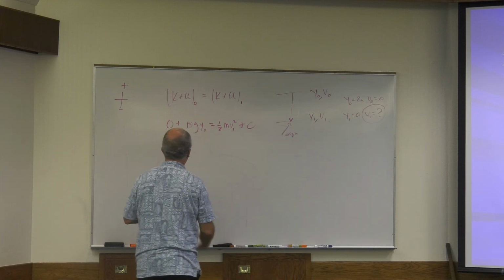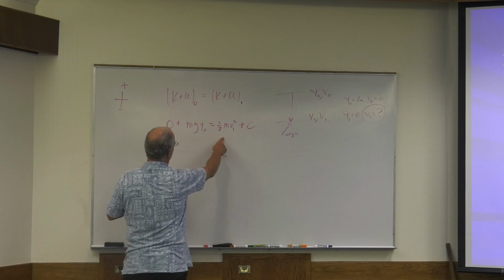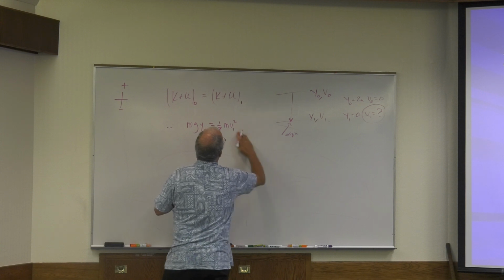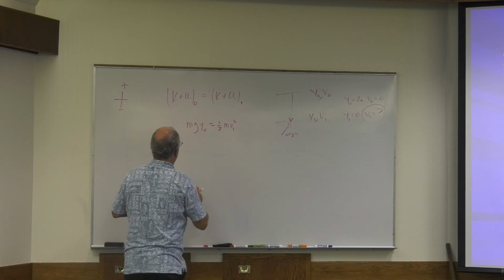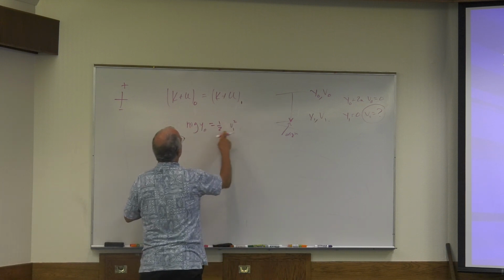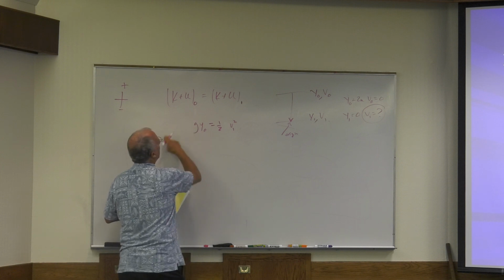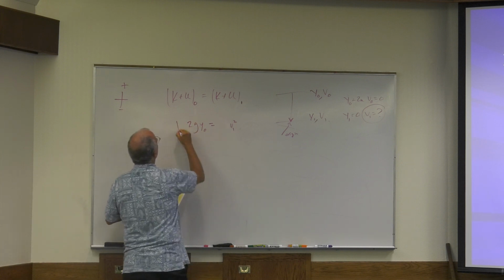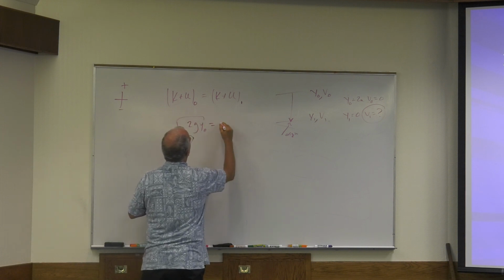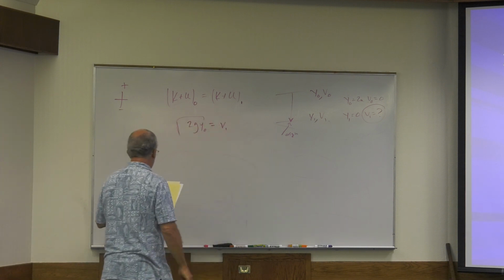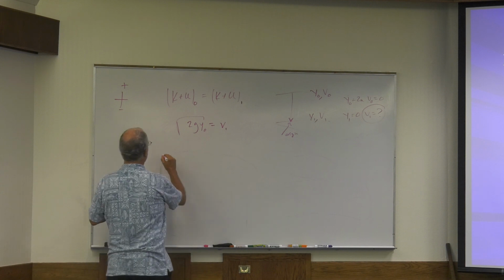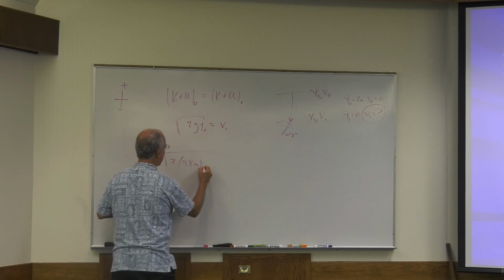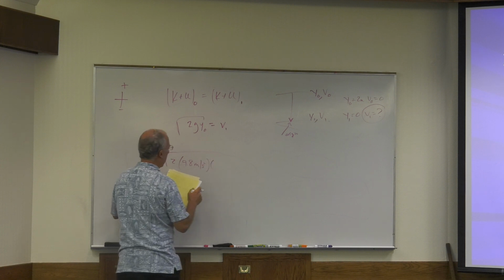Okay, so I want to solve for v1. I divide by the mass on both sides, multiply by 2, take the square root. So there it is. That's the square root of 9.8 meters per second squared times 2 meters.